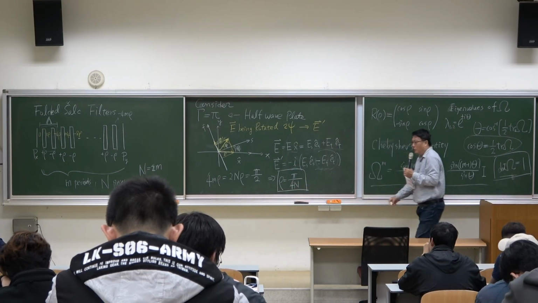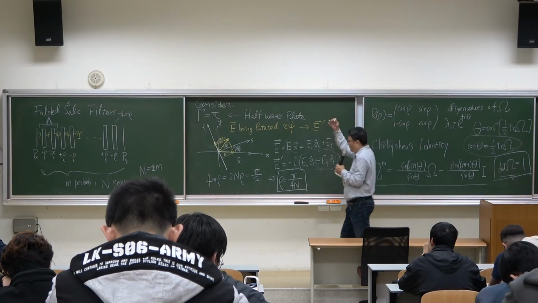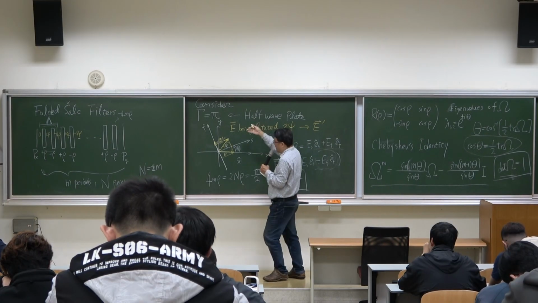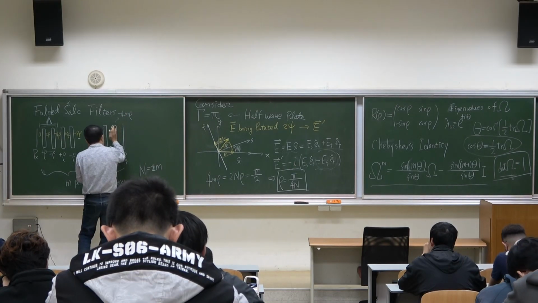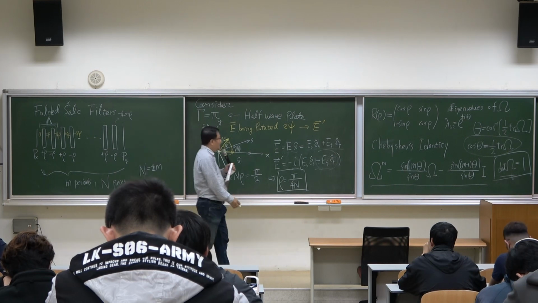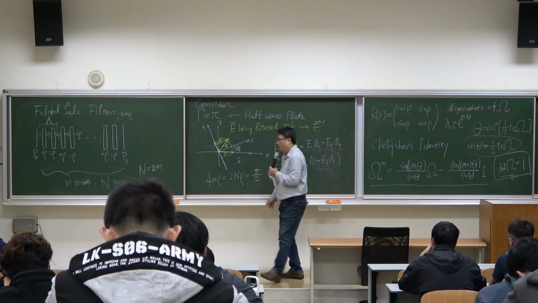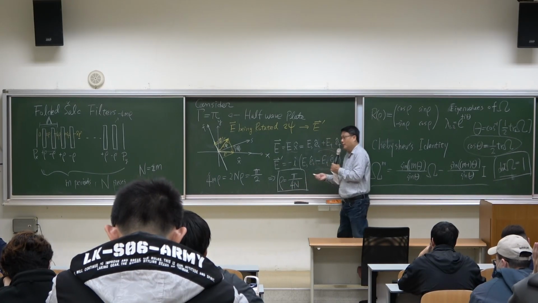So if we choose the wave plate to be a half wave plate, and we hope the transmissivity to be equal to 1, then we choose rho to be pi over 4n.